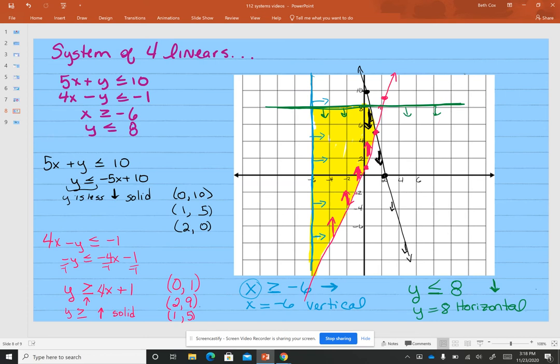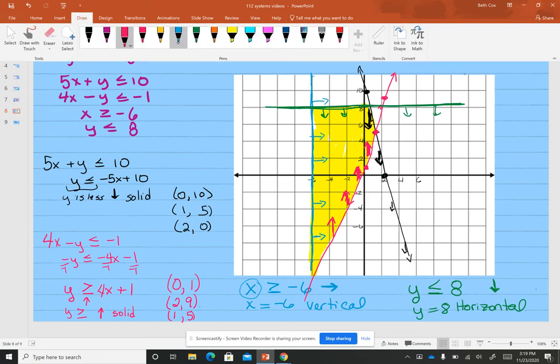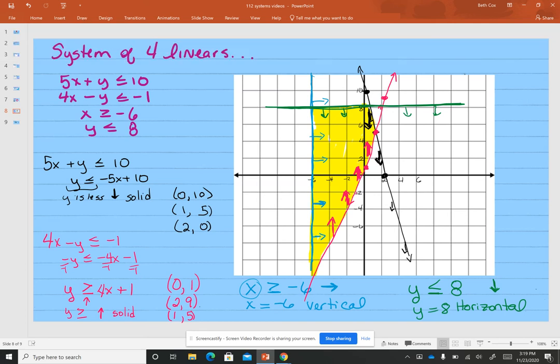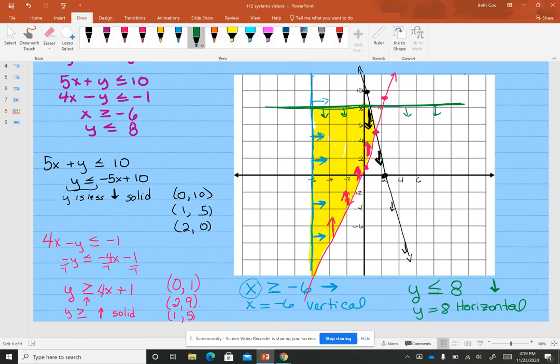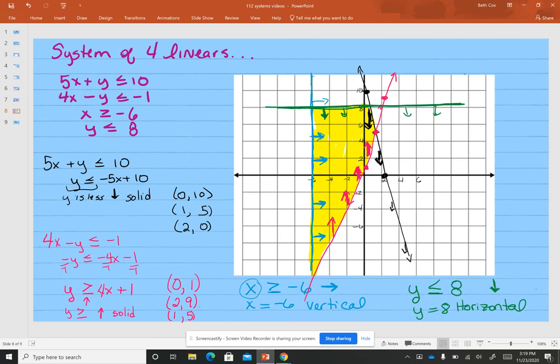Okay. The blue, it was to the right of the blue line. It was greater than, so that's all these are right here. They're all pointing into the same little section. And it was below the green, less than the green. And so that's how we end up with this one section.